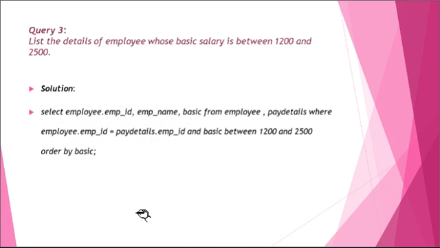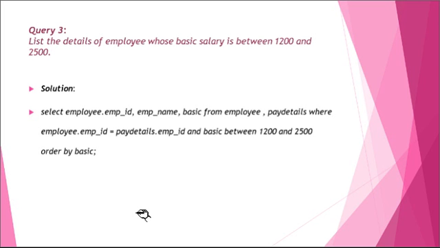Now I have the third query. List the details of employees whose basic salary is between 1200 and 2500. So I have to select employee.employee ID, employee name, basics from the employee table and pay detail table.